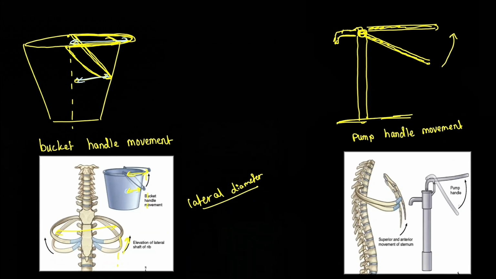So say this is your sternum, and when it's elevated, the anteroposterior diameter increases. And this is how your anteroposterior diameter and the lateral diameter increase.